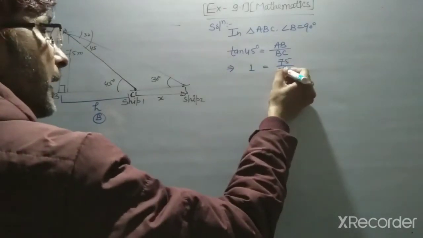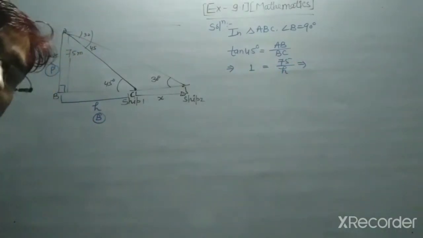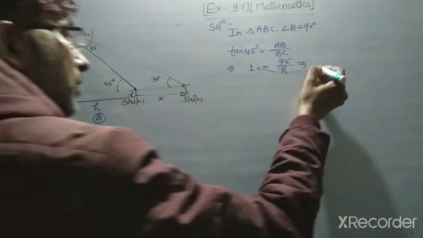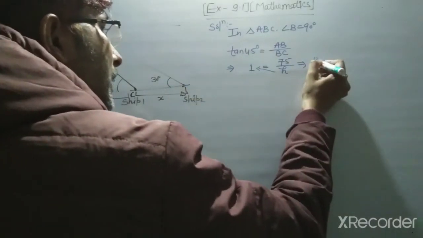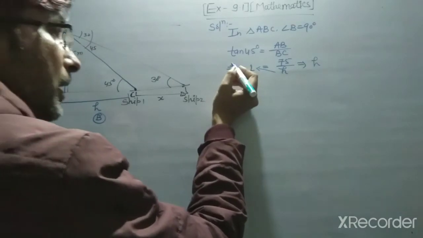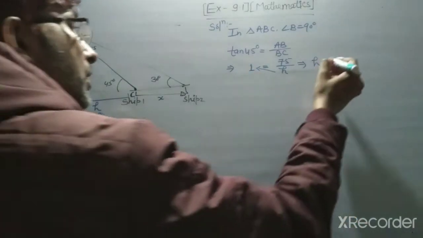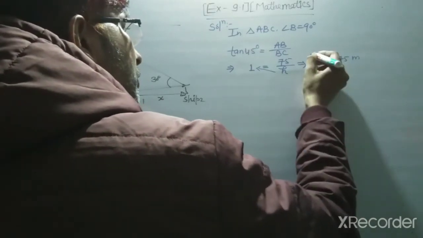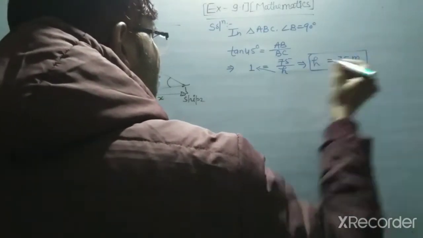Then you have to do the cross multiplication, and then h multiplied by 1. So what is the value you have? h. So h is equal to 75 meter. So this is the value of h.